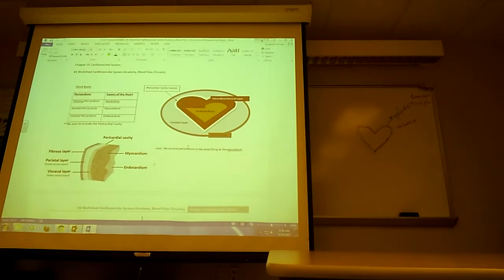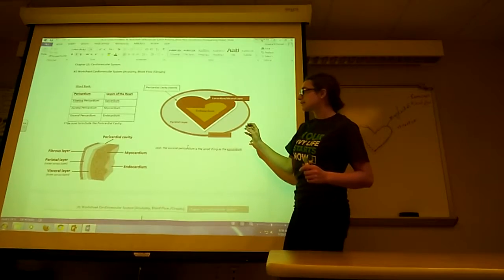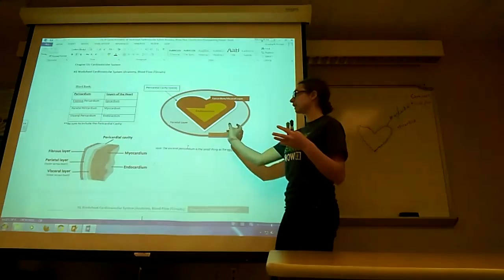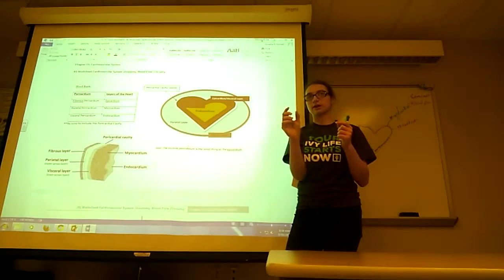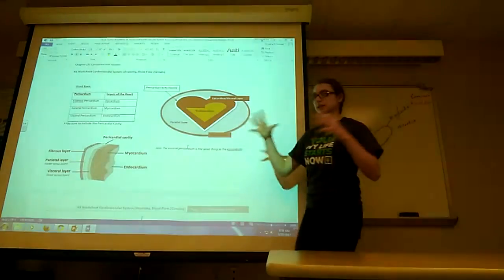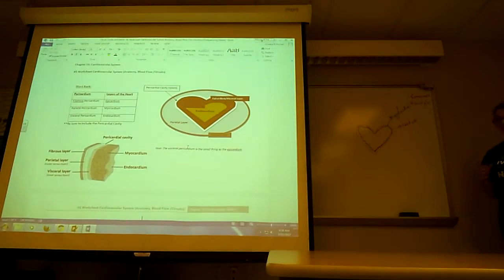In this picture, it's circular, and that's just to show you that it's a pouch. It's really close up to the heart. It's actually the shape of a heart, but for the sake of the diagram, it's just something that sits around the heart. So it's not actually part of the heart, but it is a layer.